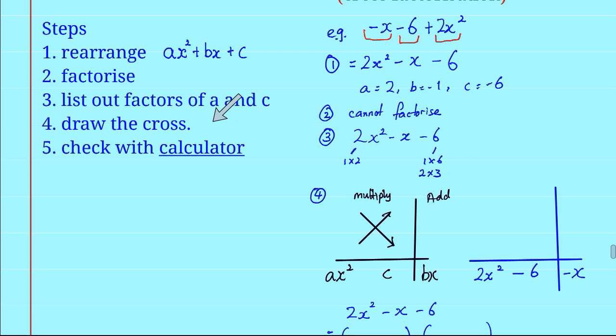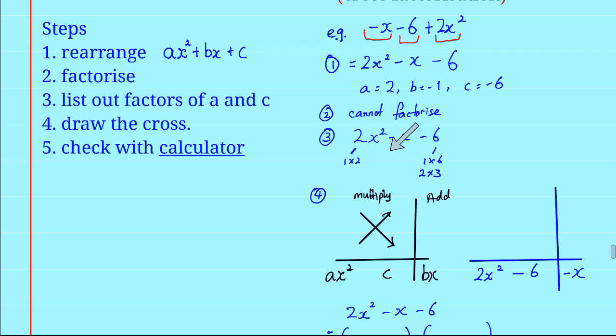Now for step 4, I want to draw the cross. Now drawing the cross means something like that. Now what you want to put here is your ax squared on the further left, and then in the middle you will put your c term, and then the further right you will put on your bx term. Now I show you this example.